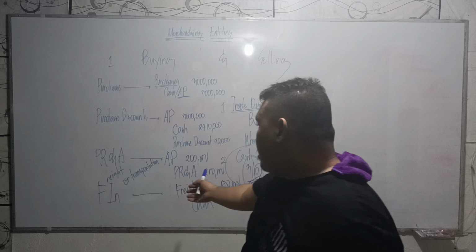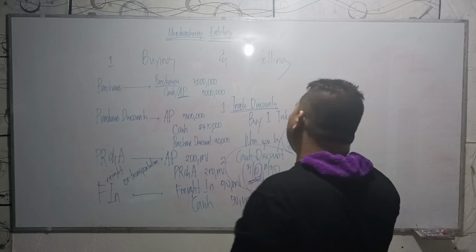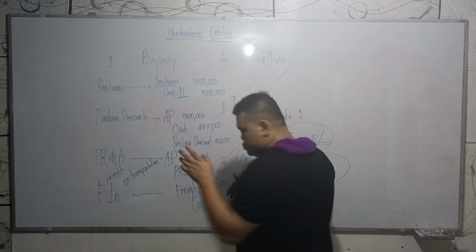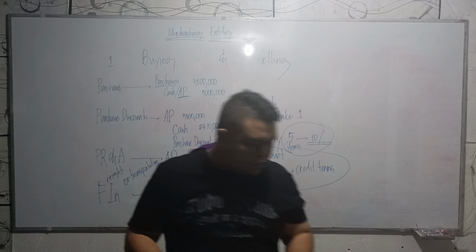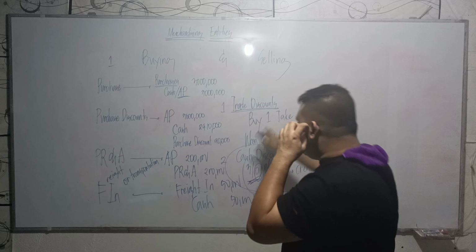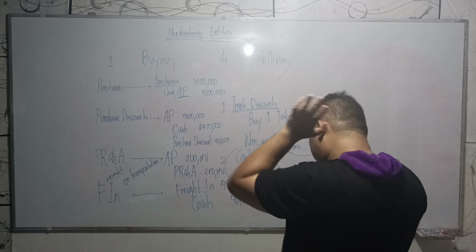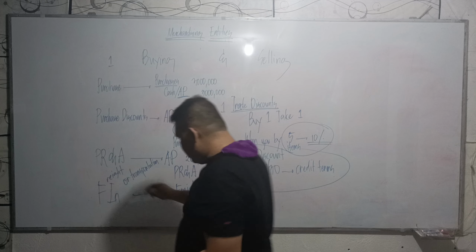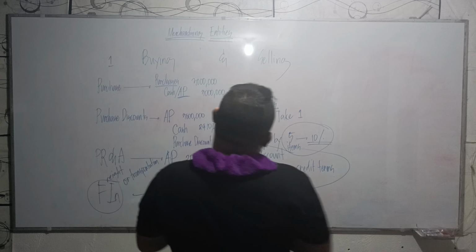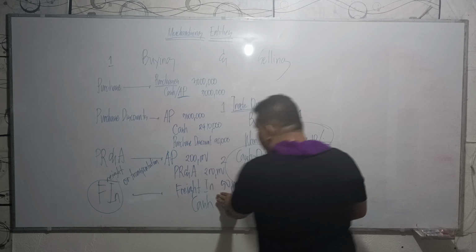Okay? Easy, right? However, there are twists in this. So, if you wanted to copy this, you can pause. And after pausing, you have to listen to me on the freight in. Why? Normally, this is the entry.